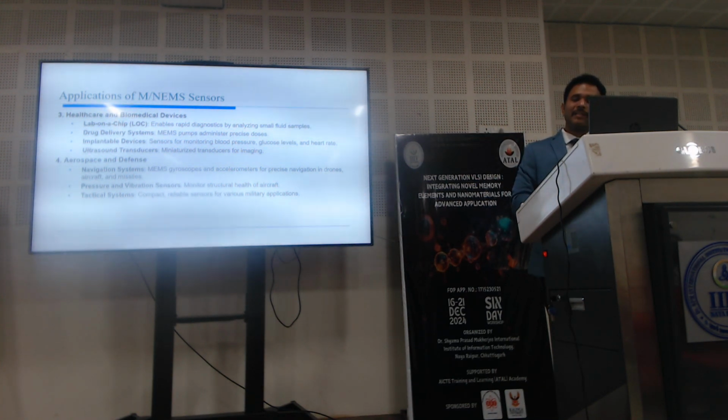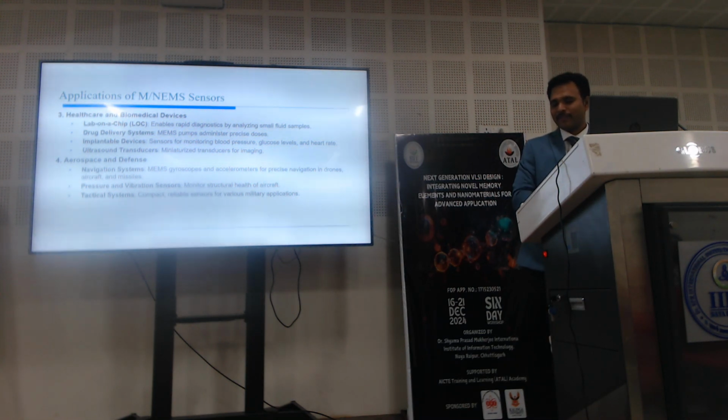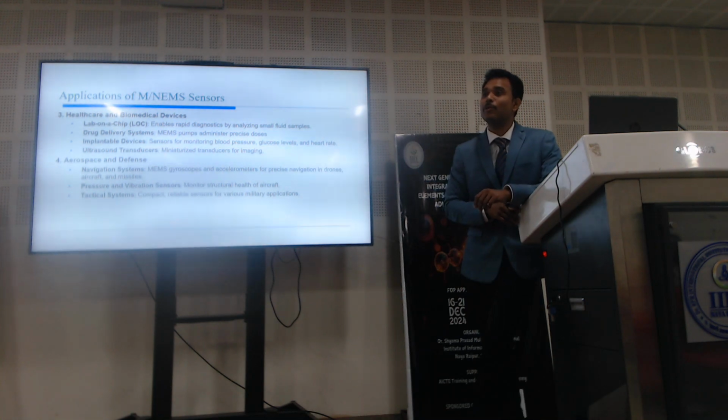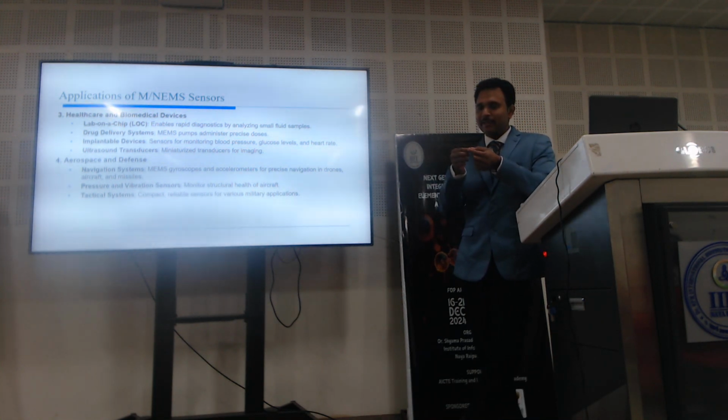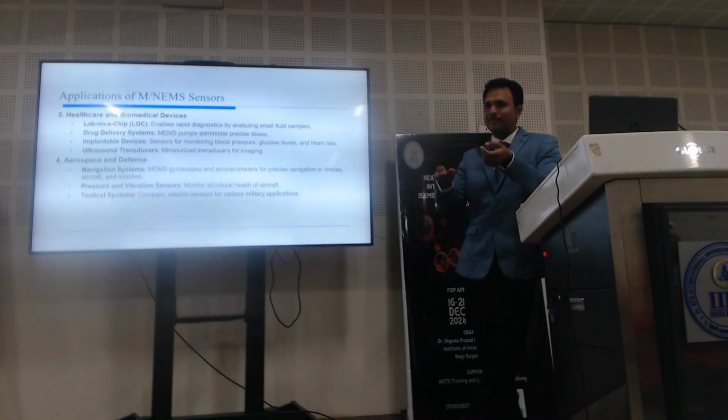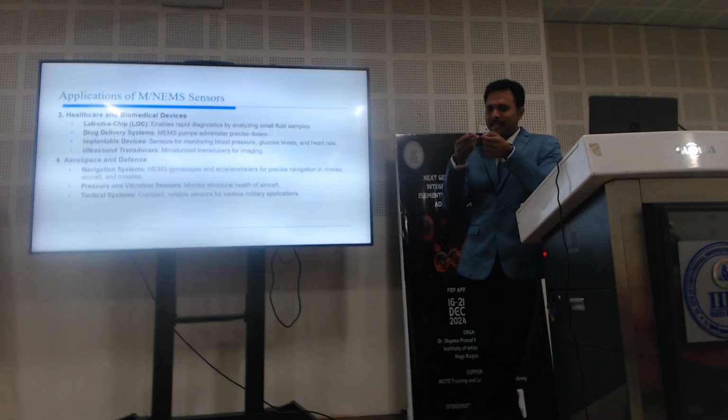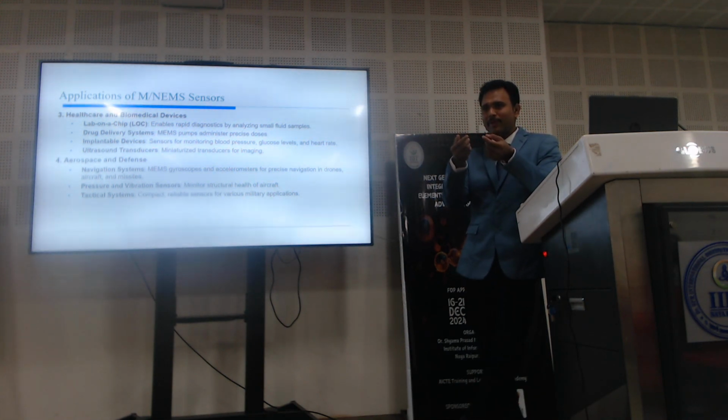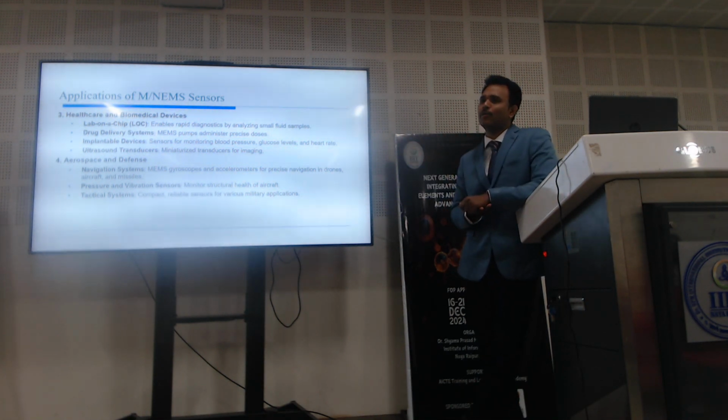And implantable devices, to measure the blood. Previously we had a device to monitor glucose. Whenever we take a blood sample, there is a small MEMS device that we attach, and by giving a small blood drop on it, we can check our glucose level.